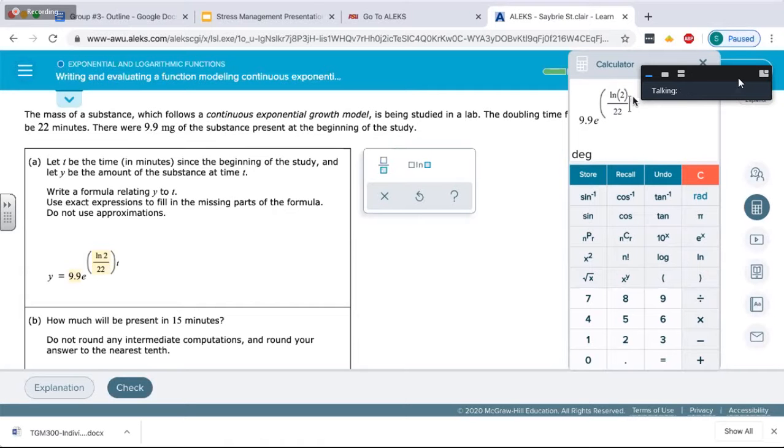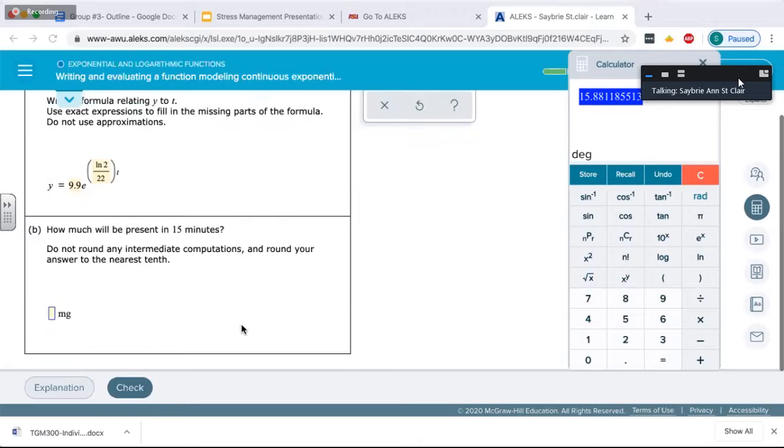It was 15, yeah, for that last one. Hopefully.